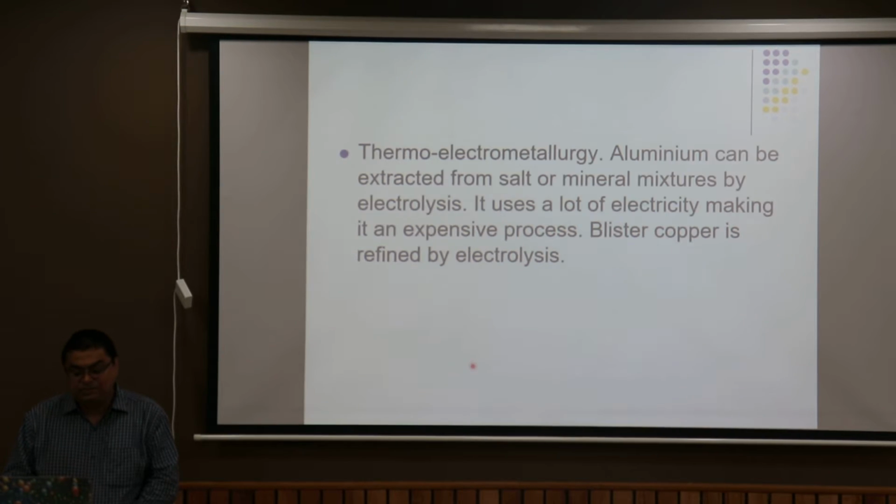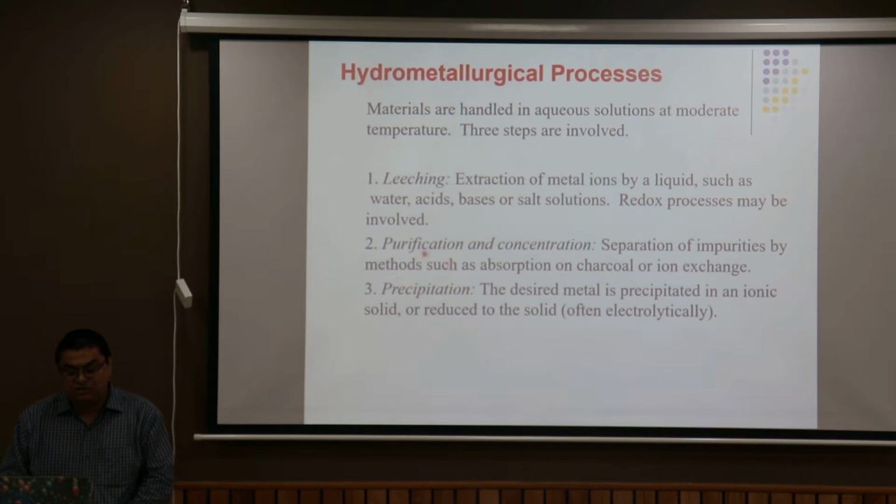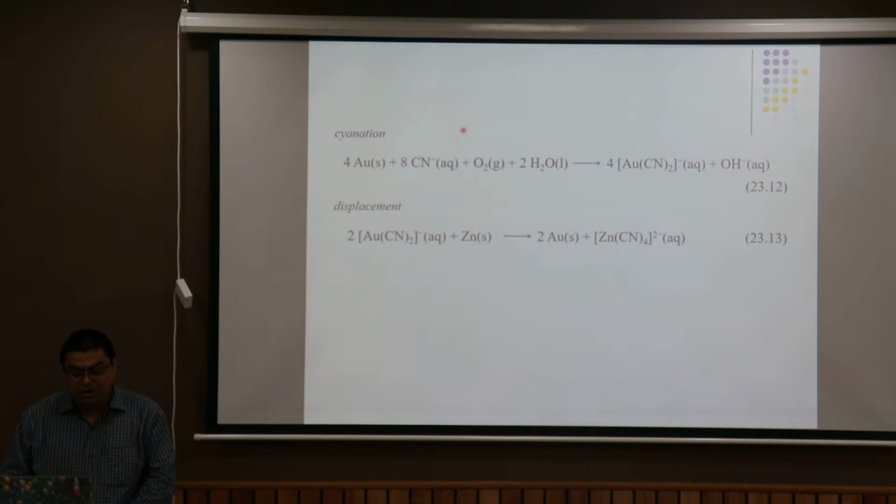In the conventional pyrometallurgical process, large quantities of waste are produced in concentrating the low grade ores, and it requires a certain amount of energy, whereas hydrometallurgy does not require that sort of huge amount of energy. So technically the hydrometallurgical process is more profitable than the pyrometallurgical process.